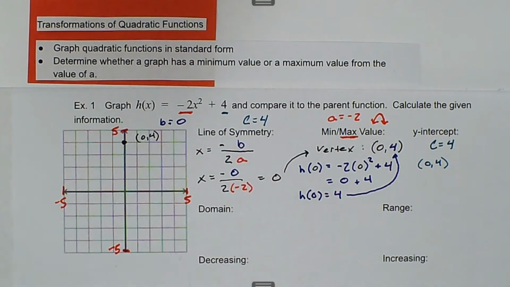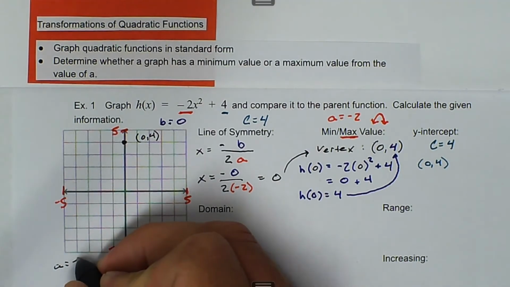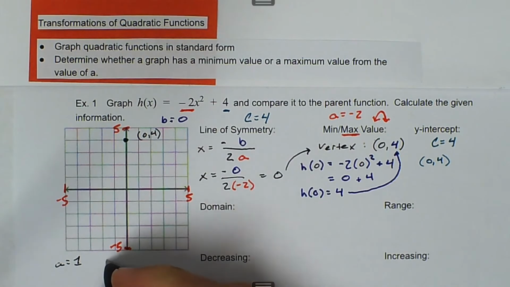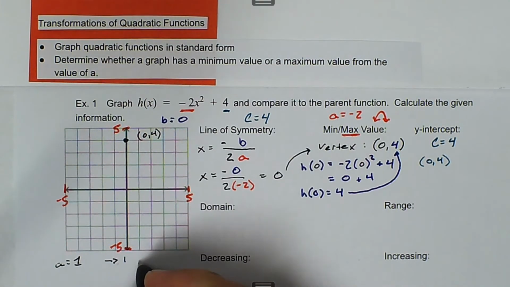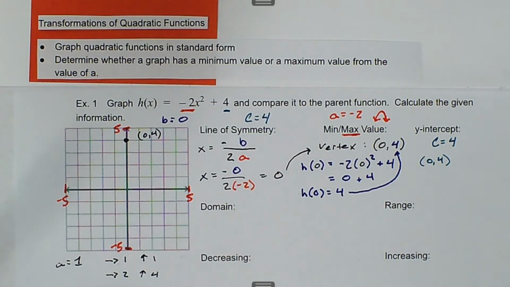But what I like to do is I like to take the parent function and just scale the parent function. So the parent function has an a value that is equal to 1. And so the parent function says if you go over 1, then you go in the y direction, you go up 1. And if you go over 2, then in the y direction, you go up 4.